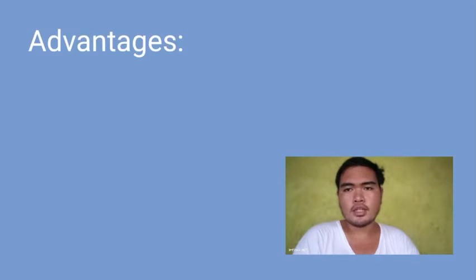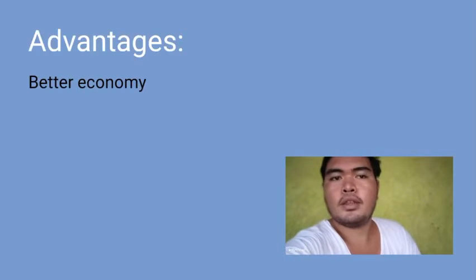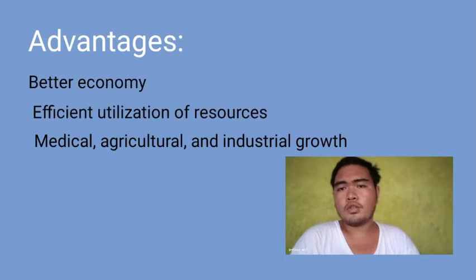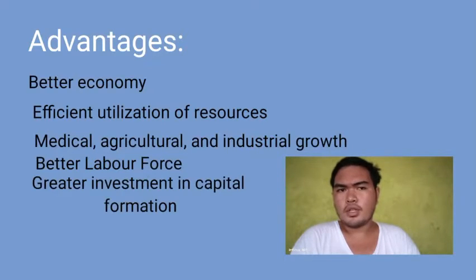The implication of overpopulation. Is it bad or good? Well, it's both, because a large population has advantages and disadvantages. Here are the advantages: better economy, efficient utilization of resources, medical, agricultural, and industrial growth, better labor force, greater investment in capital formation.